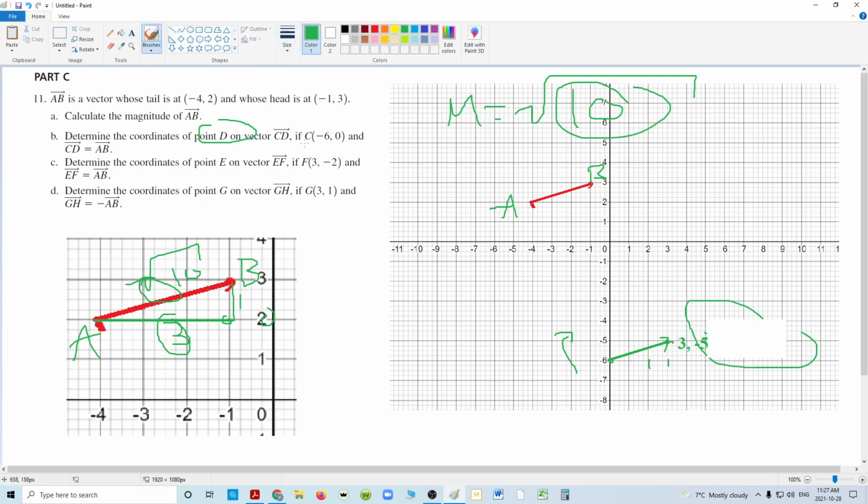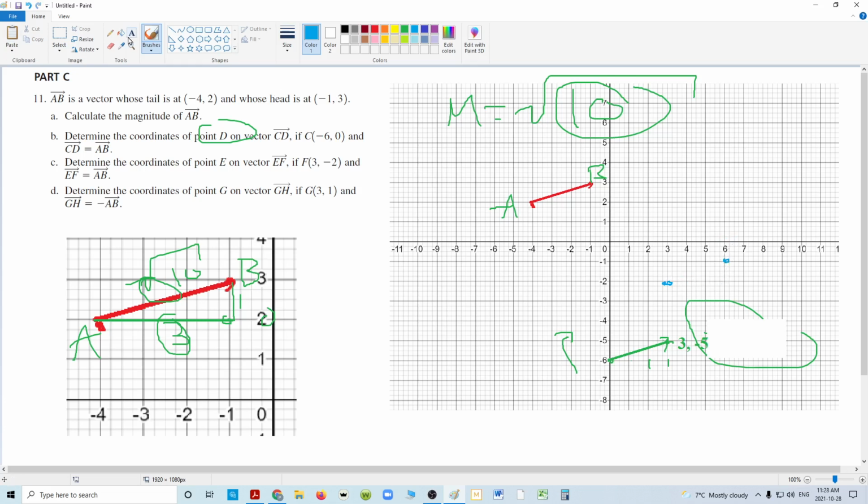Now they're giving us the head, the end of the vector, is -1, -2 rather, which is here. We'll do it in blue. And we know we've got to go 3 points to the right, even though it's the opposite direction now. We know that the tail is going to be 3 points to the right, 1, 2, 3. It's going to be at 6, and 1 up right here.